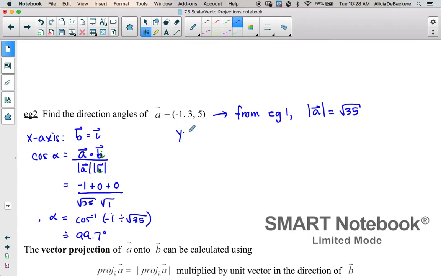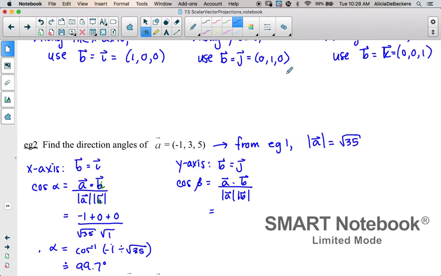All right, so now we'll just repeat the process. Along the y-axis, we're going to use b as the j vector. Again, using a different symbol, so I'm going to use beta. I'm going to dot these two vectors and then divide by the magnitudes. And so this time I'm going to be multiplying times the j vector.